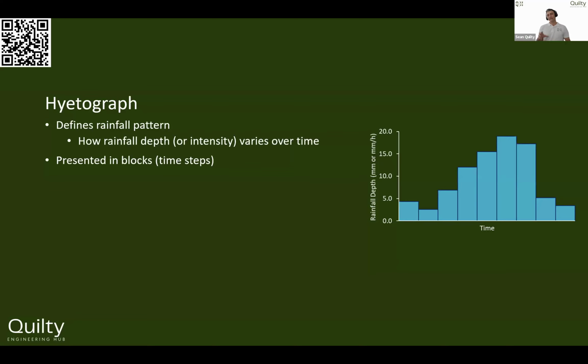So now you can imagine if you were modeling this in some sort of stormwater software and you had a catchment, and that first 5 minutes dropped 4 millimeters of rain, you could then start to understand how much water would start running off that catchment. And then the next 5 minutes, more drops, and it's different rainfall depths as you go through. So that's how you accumulate all of this rainfall that's falling from the sky onto your catchment.